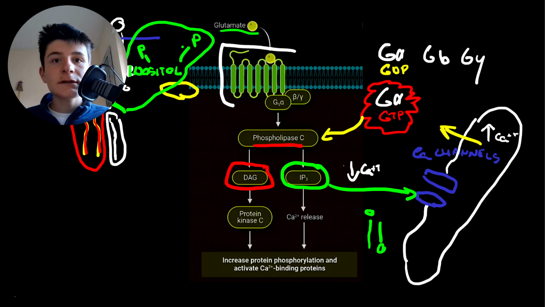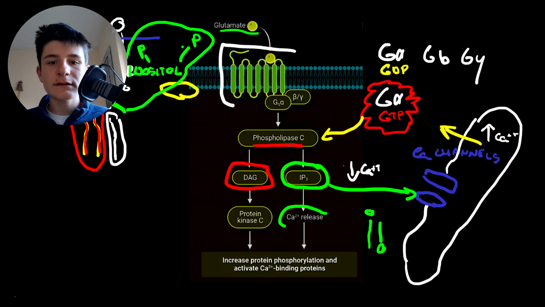But in the muscle, this may be a little different. We may, instead of having different membrane potential, have different contractility, etc. So here we have calcium release and then phosphorylation and activation of calcium binding proteins.